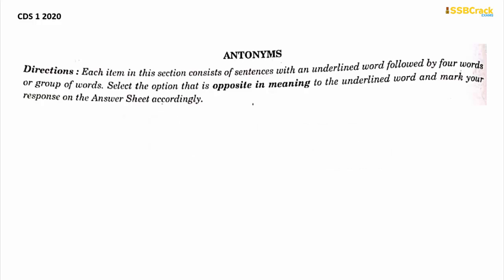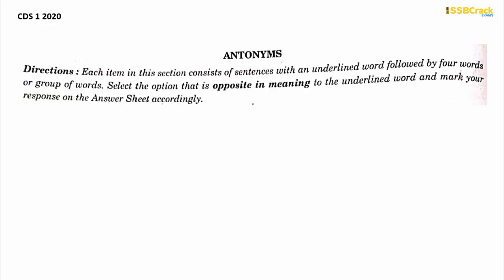So the directions here read as: each item in this section consists of sentences with an underlined word followed by 4 words or group of words. Select the option that is opposite in meaning to the underlined word and mark your response on the answer sheet accordingly.